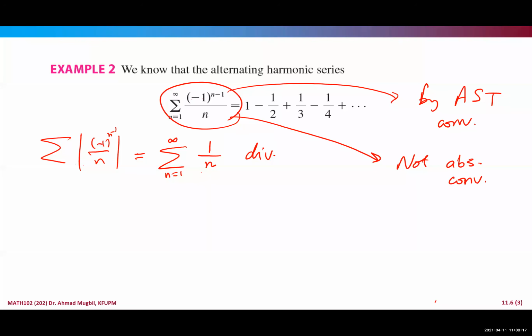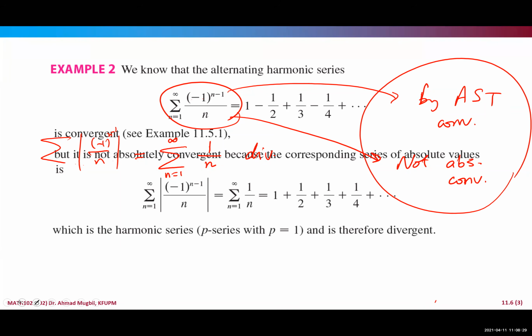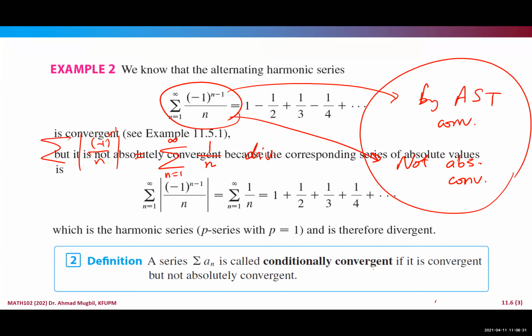So what do we call a series that is convergent but not absolutely convergent? We call it conditionally convergent. A series is called conditionally convergent if it is convergent but not absolutely convergent.